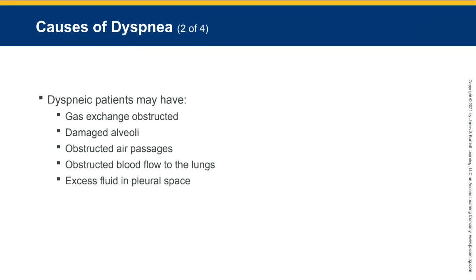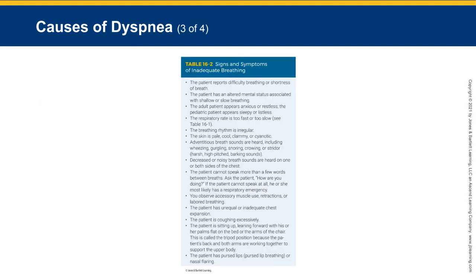Dyspneic patients may have gas exchange obstructed. They can have damaged alveoli, obstructed air passages, obstructed blood flow to the lungs, or excess fluid in the pleural space. There's a table that outlines the signs and symptoms of inadequate breathing.